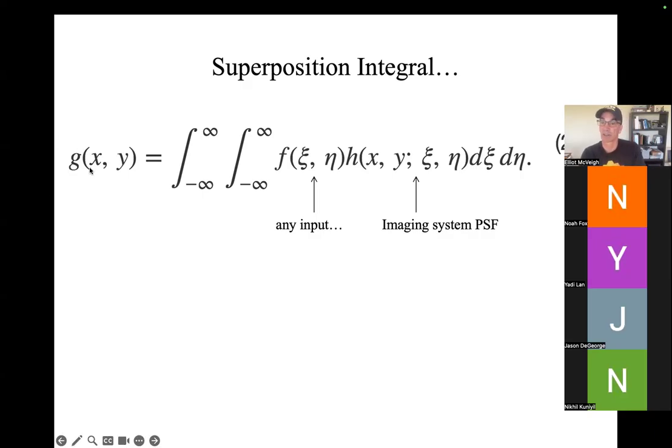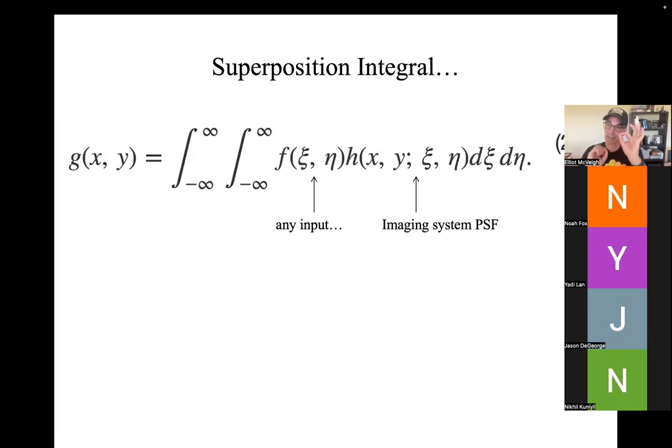To make it concrete, we could say, what's the value of my image at the origin? When X is 0 and Y is 0, how bright is my picture right there? So I set X and Y to 0, and I pull out that impulse response function.